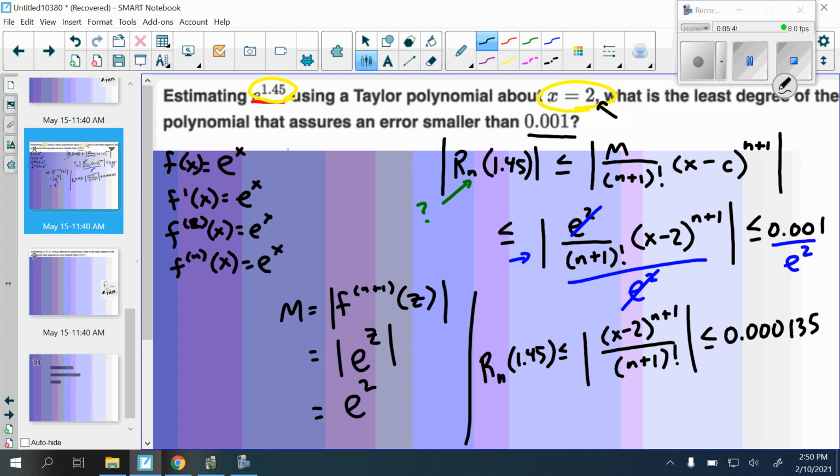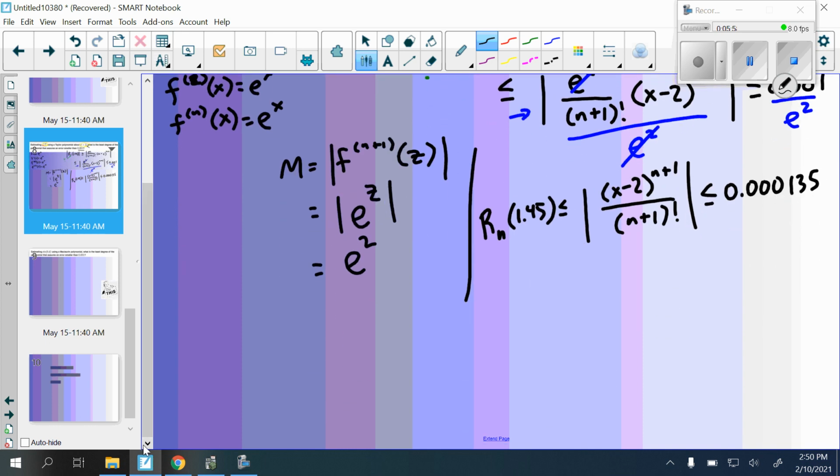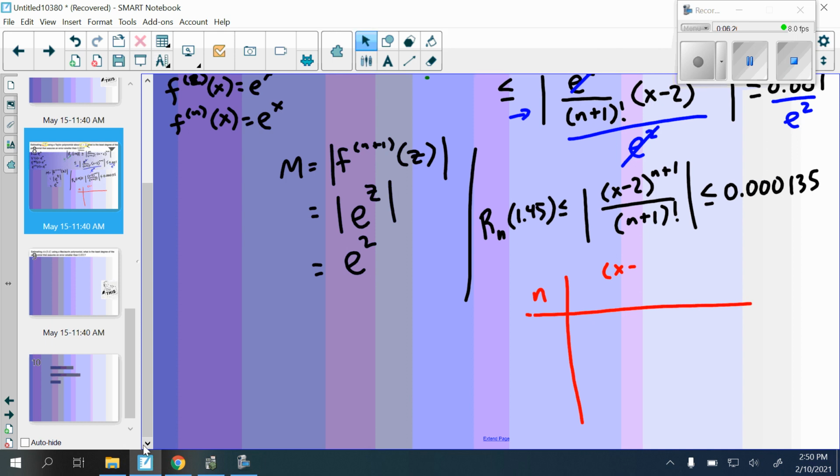So in order for this to work, we need whatever that n value is to give us a value less than that. What we're going to do now is a little bit of guess and check here. We're going to have to try to plug some values for n in and see which one is going to give us the value that we want. So let's make a little table. We're going to try some n values out here, and we're going to plug that n value in. Oh, I guess there's one other thing we can plug in here, sorry. We do know our x value.